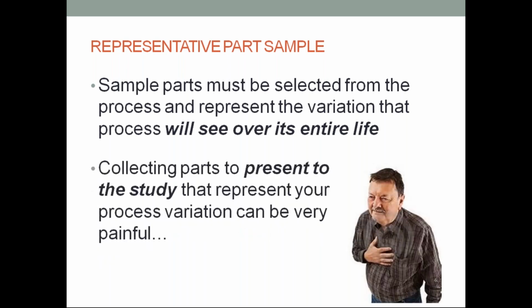Collecting parts to present to the study, and this is how I refer to it: those 10 parts, whatever they are, are what you're going to present to the study, and they are to represent the process variation. You're going to use that variation between those parts to represent your process variation. If they don't, then you're going to get incorrect data coming out of your Gage R&R.